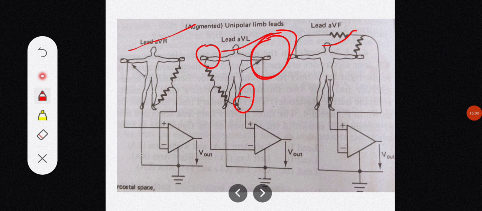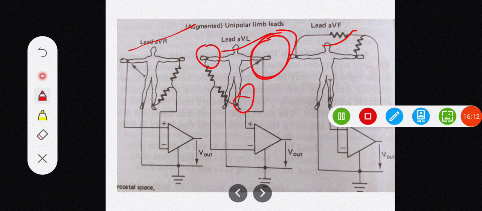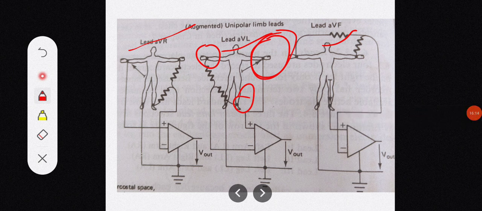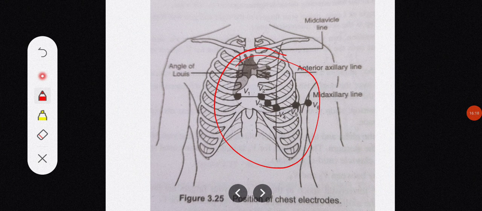Now for the unipolar chest leads, a single chest electrode is sequentially placed on each of the 6 pre-designated positions on the chest. As you can see, V1, V2, V3, V4, V5, V6.